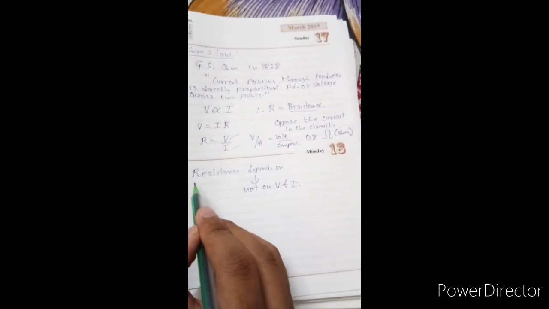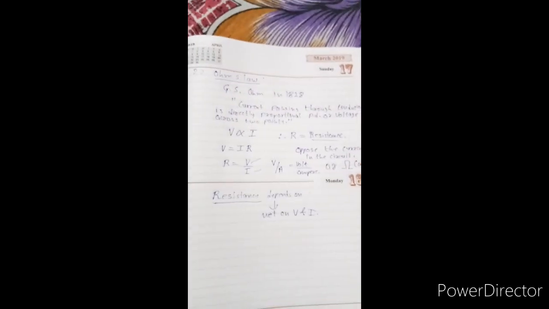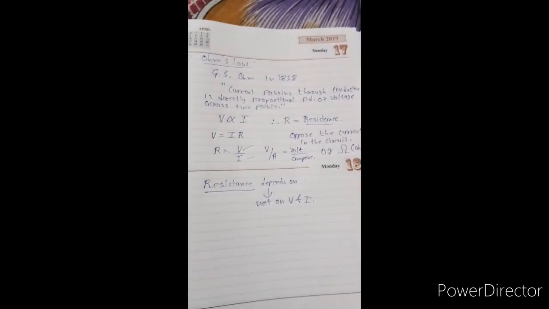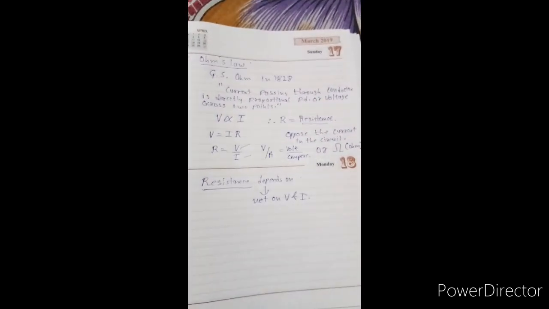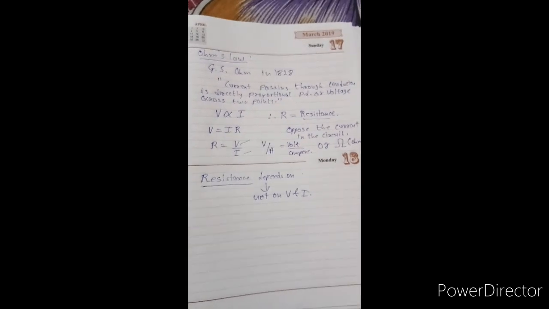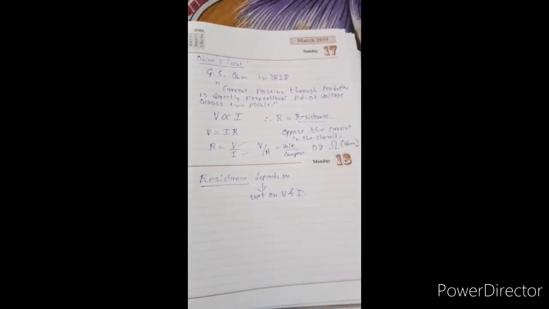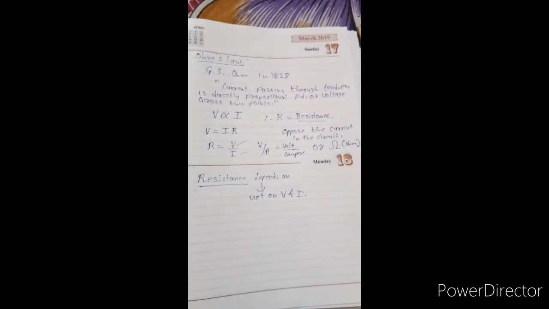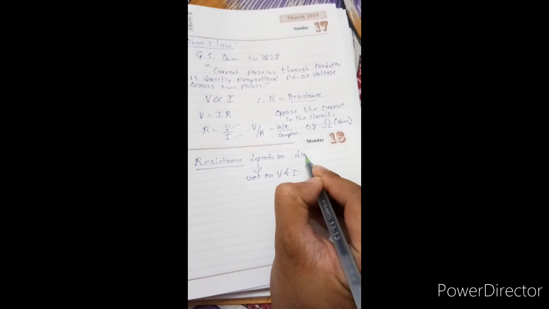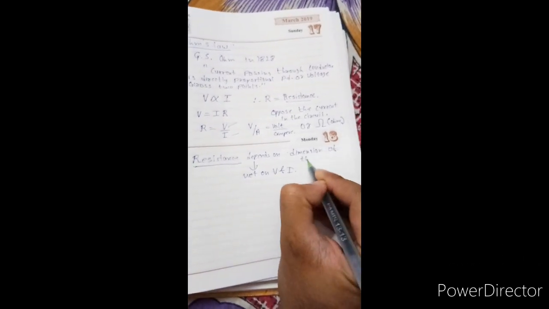See, again experiments were done by Ohm to find the resistance of the material, and he successfully found the formula of the resistance. He performed the experiment, and he found that resistance depends on the dimension of the object or material.